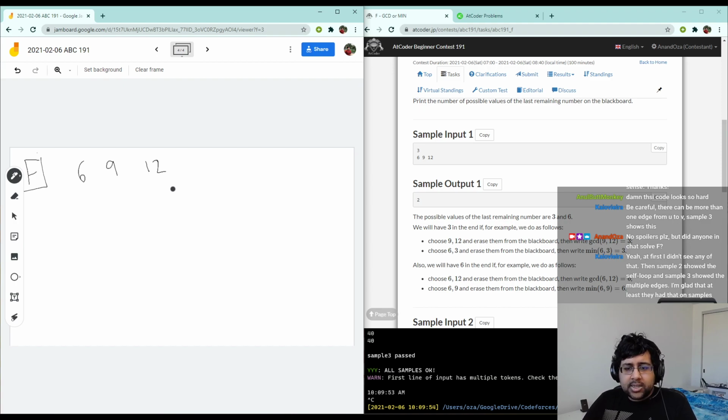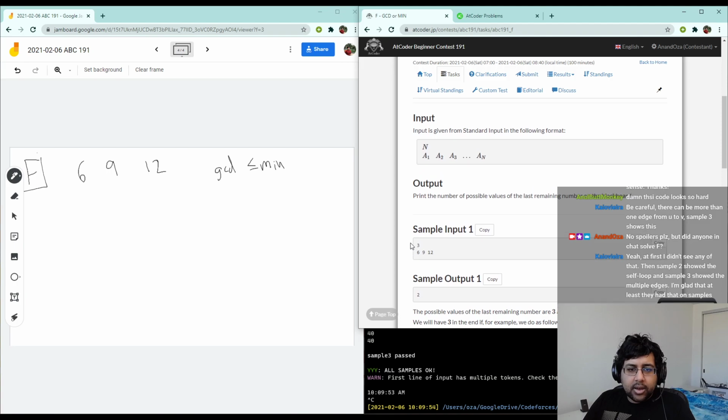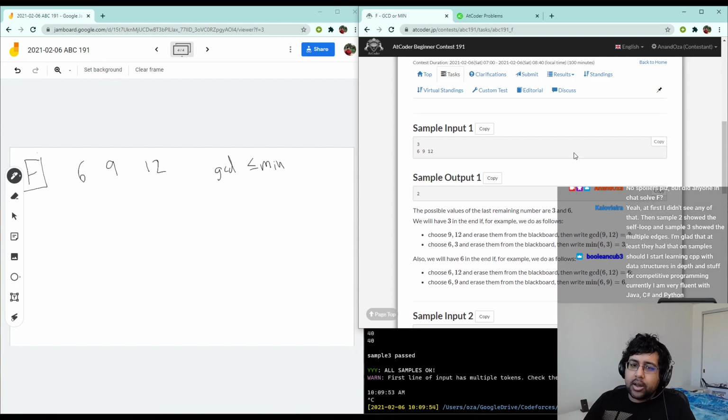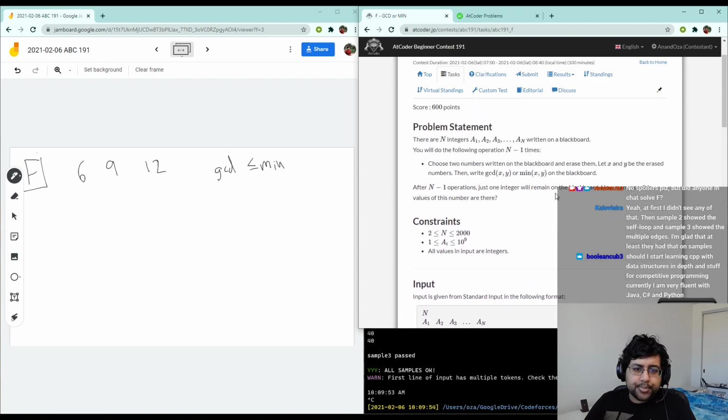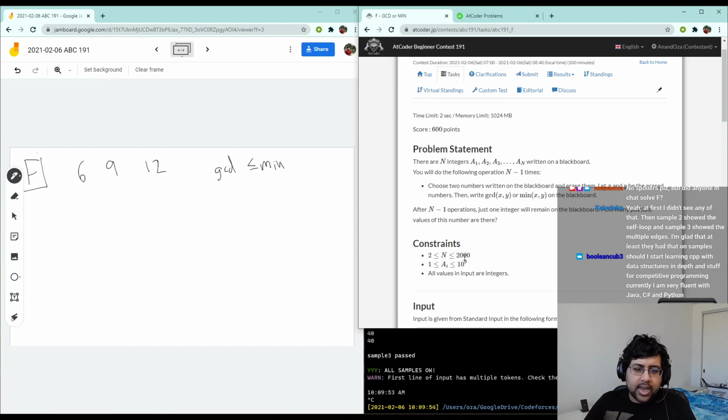So one thing to note is the GCD is always less than or equal to the minimum. And if we replaced everything with the minimum on every operation, we'd find the minimum of the whole array. So the final number, the last number on the blackboard, is always going to be less than or equal to the minimum of the array. Oh, and here n is 2000, so we probably have to do something like quadratic.